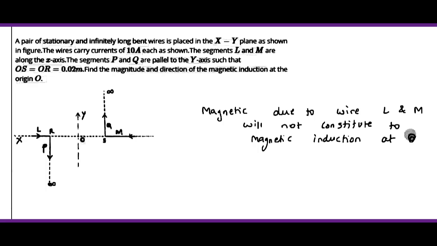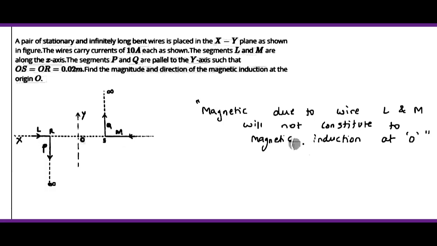at O. As we know, a magnetic field will be around the wire carrying current, alright, and not on the axis, we can say. So here we can see the wire M and L is lying along the point where we are interested in finding the magnetic induction.